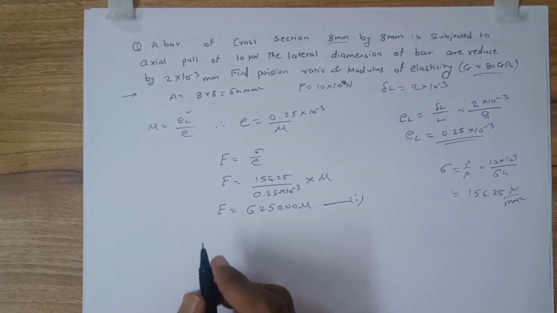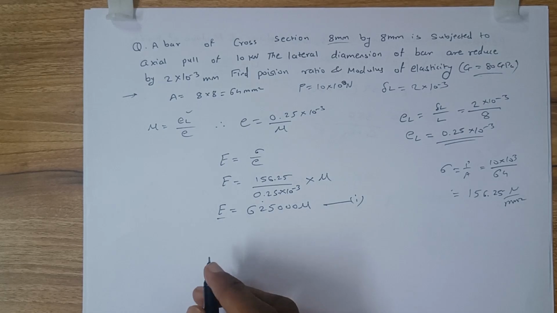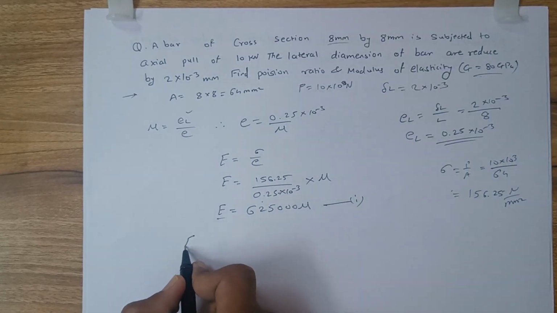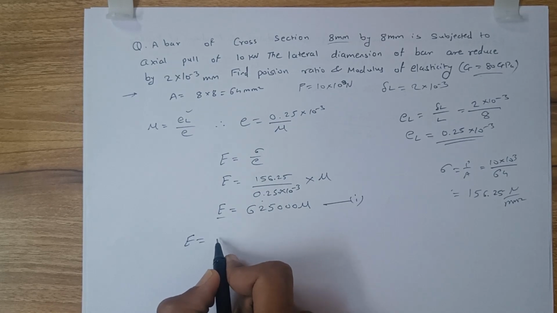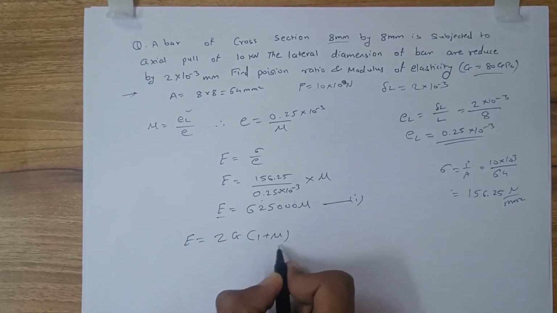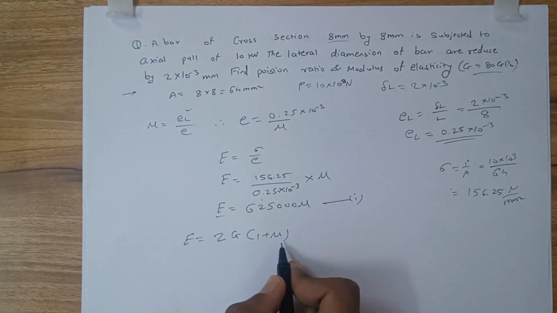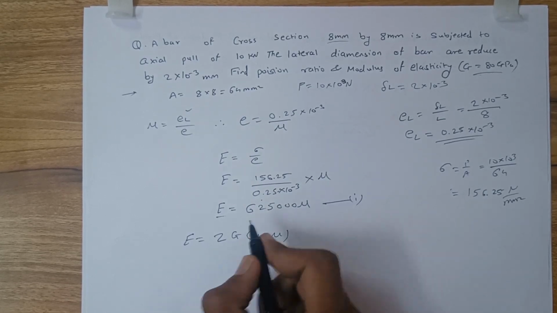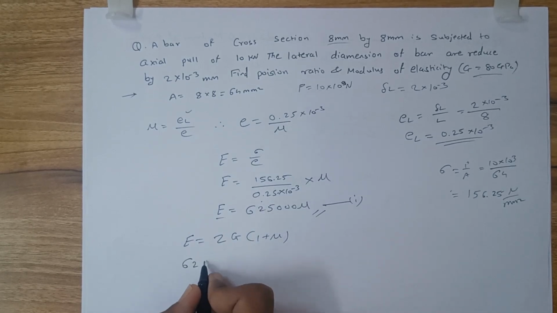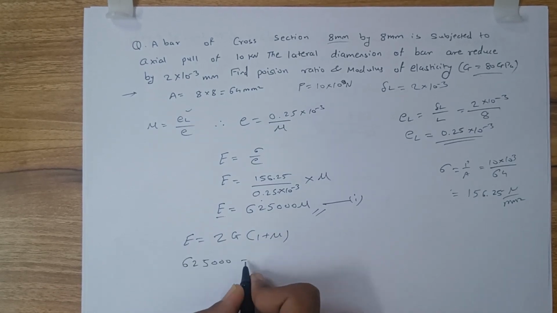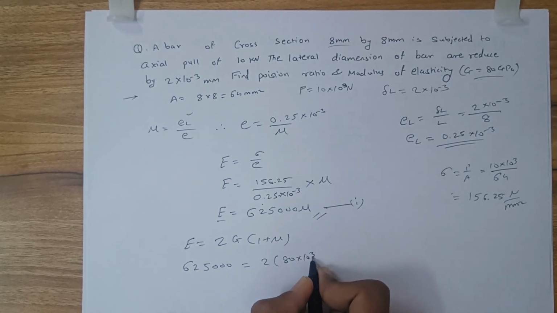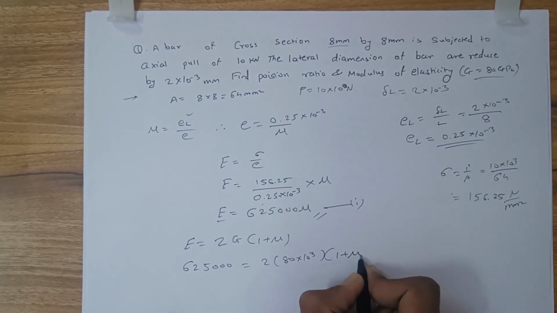Now we have to calculate the Young's modulus. Young's modulus is equal to 2G into 1 plus mu. Now we know G, we don't know mu, and this E is in the form of mu. So put 625,000 mu is equal to 2 into G, which is 80 into 10 raised to 3, into 1 plus mu.